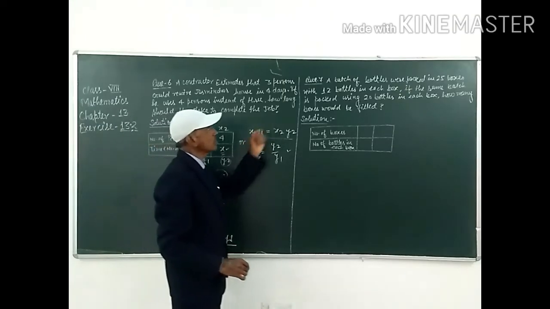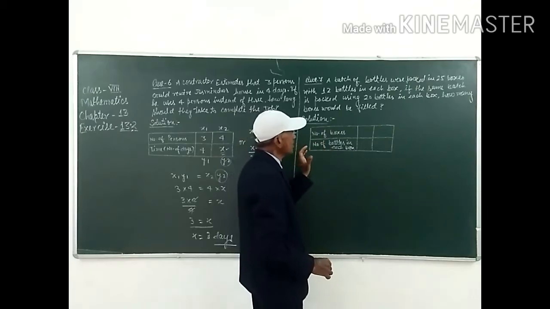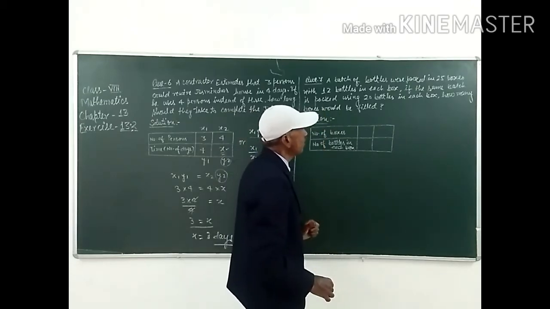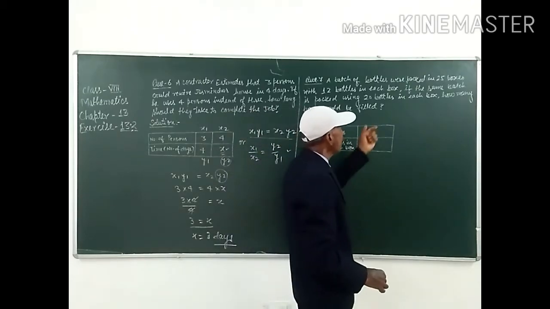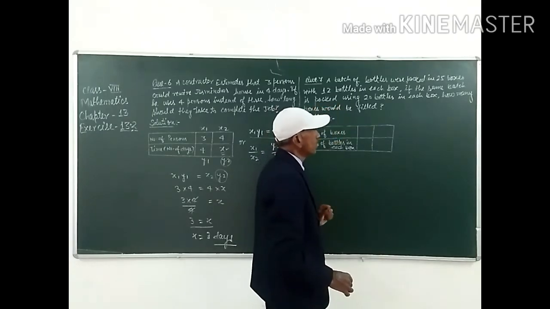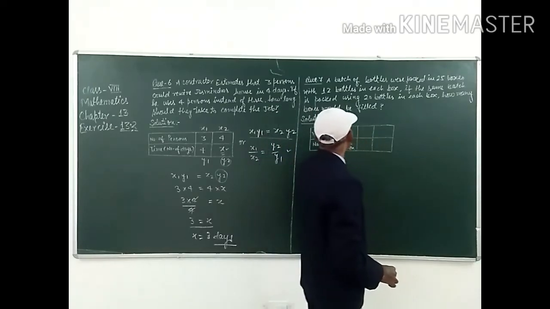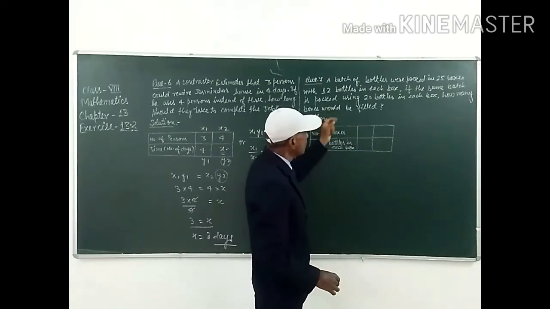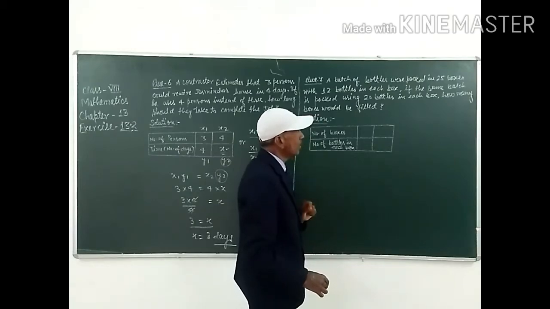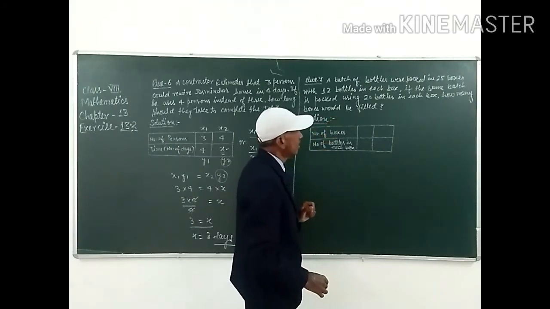And now, this is question number 7, students. And in this question, a batch of bottles were packed in 25 boxes with 12 bottles in each box. If the same batch is packed using 20 bottles in each box, how many boxes would be filled?